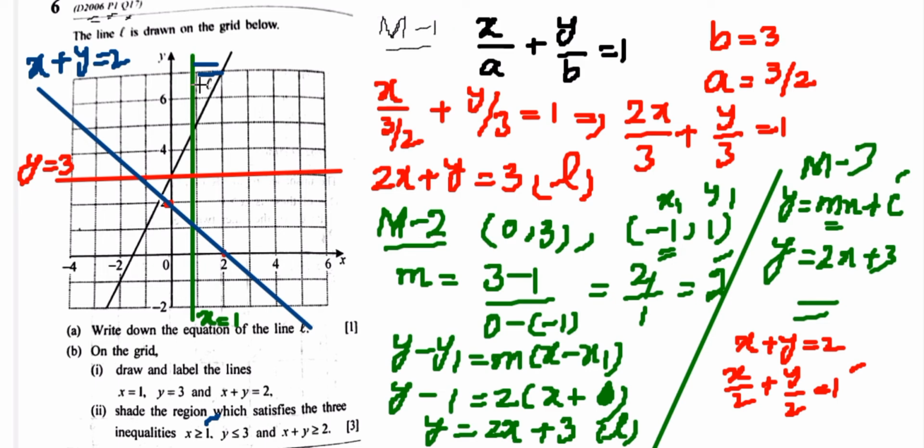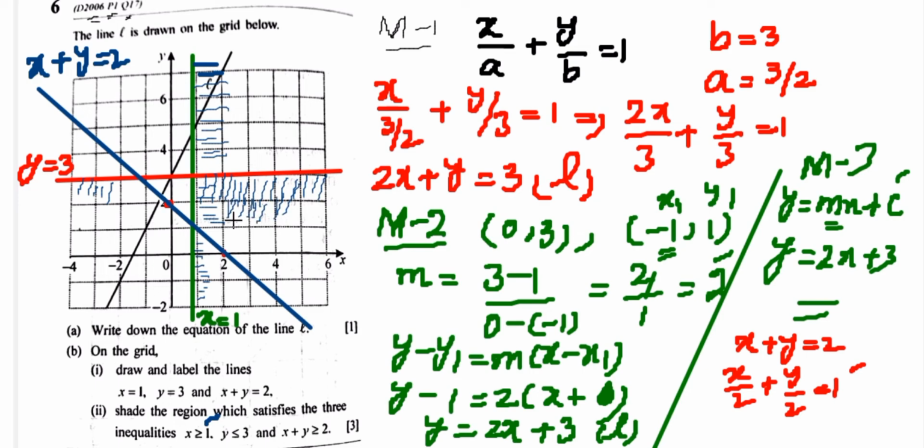These all show x greater than or equal to 1, including these. y less than or equal to 3 means all those values which are less than 3. So these will be also these, but I am shading here only the common values that satisfy all these inequalities. So this will be y less than 3 here.